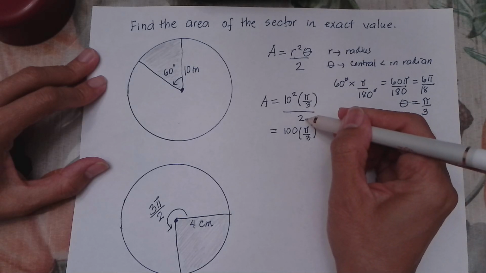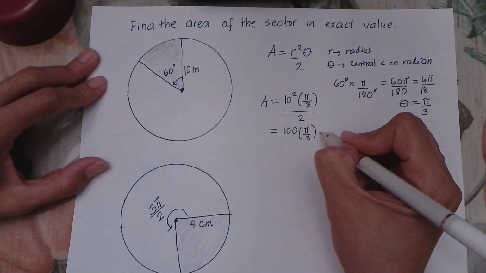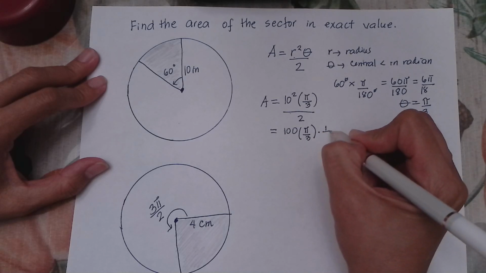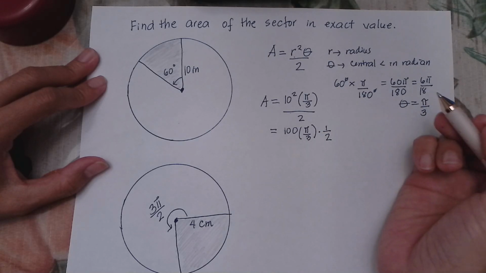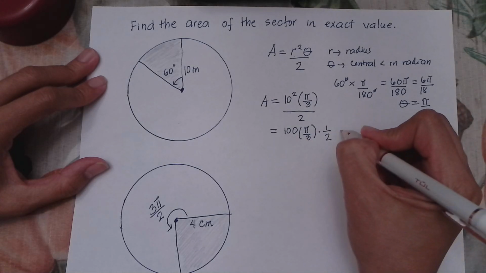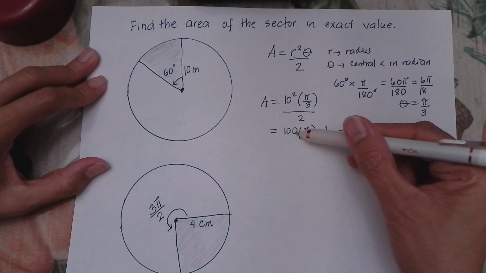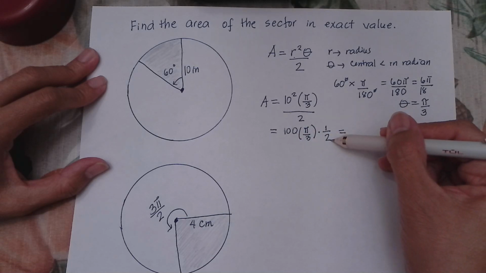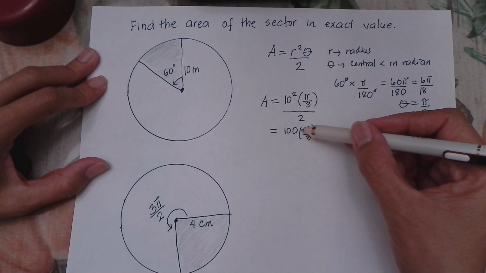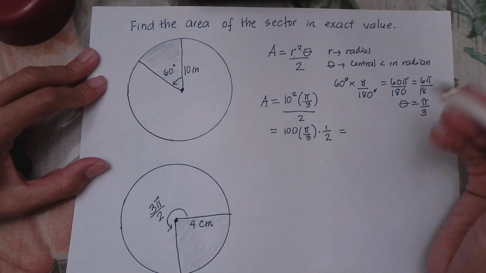And remember, we're dividing by 2. So dividing by 2, class, is the same as multiplying by 1/2. Dividing by 2 means multiplying by 1/2. So this is now equal to, you can do cancellation here if you want. 100 divided by 2 is 50. So it's 50 pi over 3.